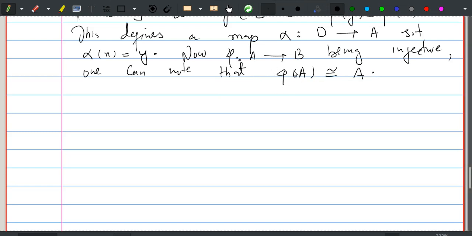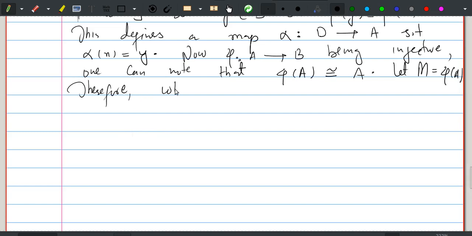Let us note this module phi of A by M. Let M be the module phi of A. So if M is such a module, we have therefore phi inverse from M to A, which is actually the inverse of phi.